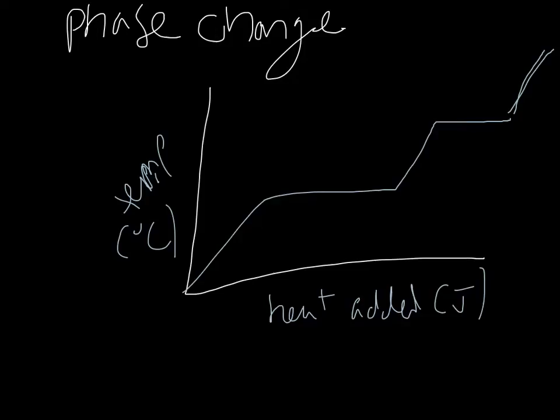Well, right here, if this is a solid right now, this is its melting point, right? MP. At this point, over this plateau, you see that heat is still being added because it's moving along the x-axis, but the temperature doesn't go up because it's not moving along the y-axis.